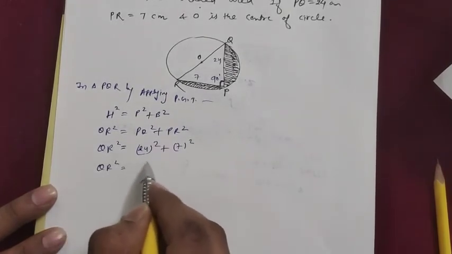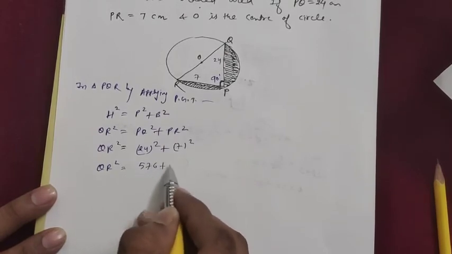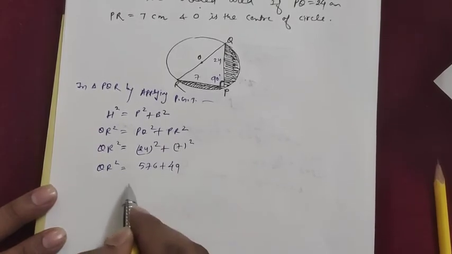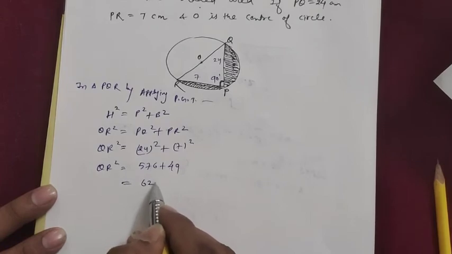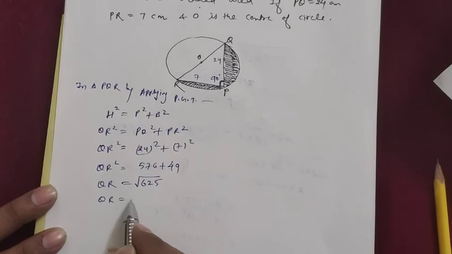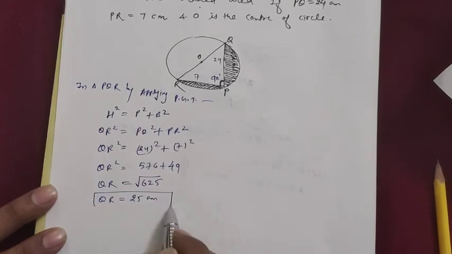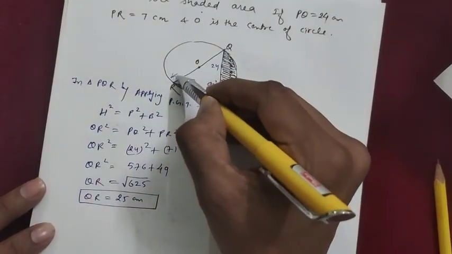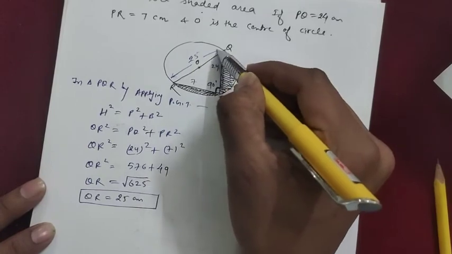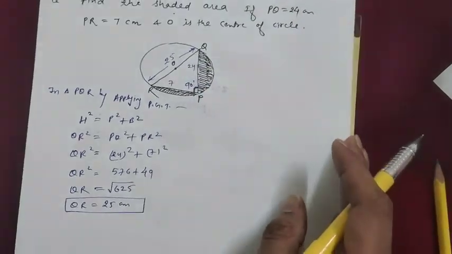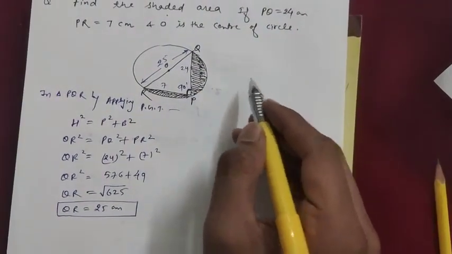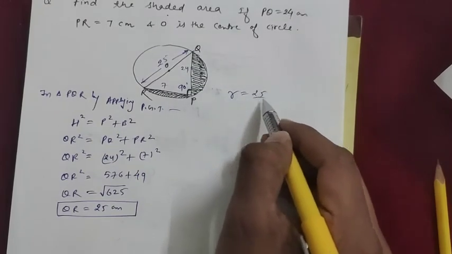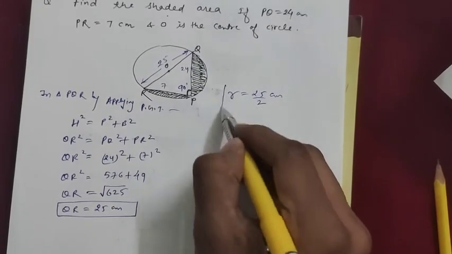Solve it further. 24 square is 576. 7 square is 49 and this is 625. So QR is equal to 25 centimeter. So it means the diameter for this question is 25, but we need the radius, and radius is half of the diameter. So radius is 25 upon 2 centimeter.